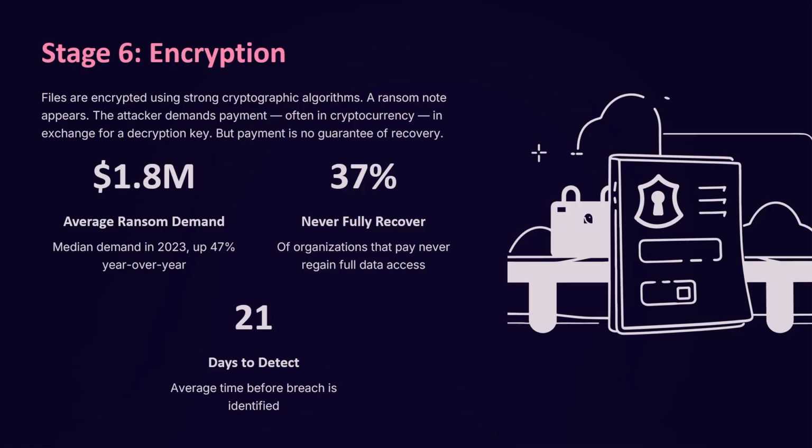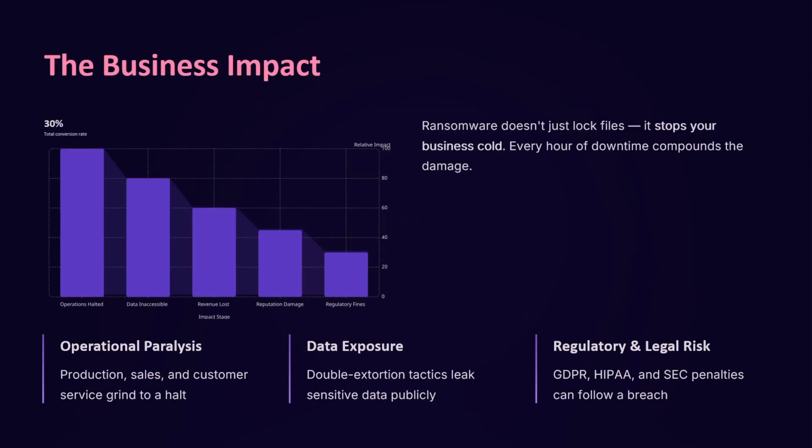Some organizations never fully recover, and most don't even realize they were breached for weeks. This isn't just an attack, it's a shutdown, and by the time you see it, it's already too late. Attackers don't just take your data, they take your time, your money, your trust. This is where ransomware hits the hardest, not just your systems, your business.